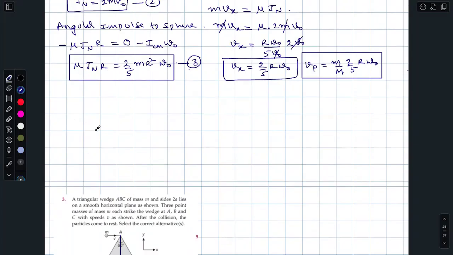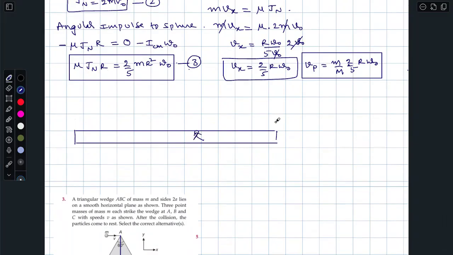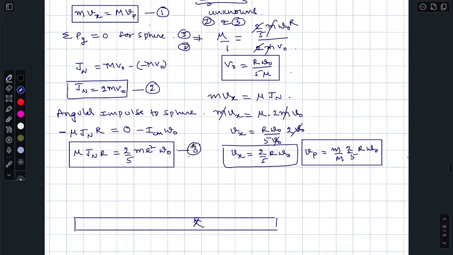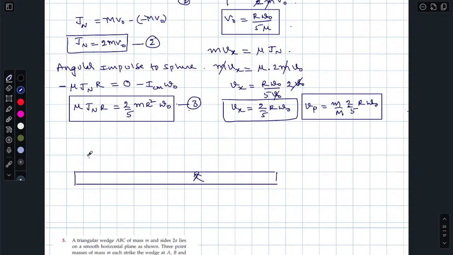Now it is the same as, if I imagine that this is the plank, in the reference frame attached to it, what is the velocity of the plank? What is the velocity of the sphere?